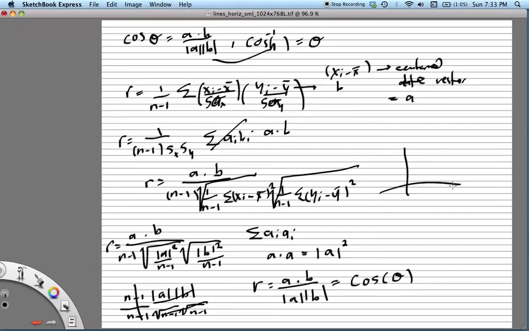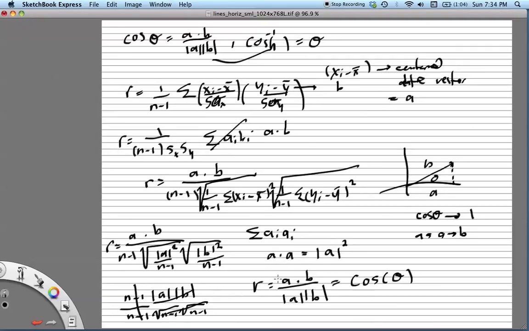Suppose in R2 we had something like this, if this was A and this was B. We can see that the more related A and B are, the smaller theta is, and the closer cosine theta goes to 1 as A becomes more like B. And as we know, if two things are perfectly positively correlated, R is equal to 1.